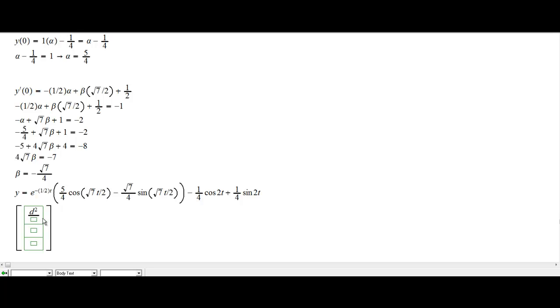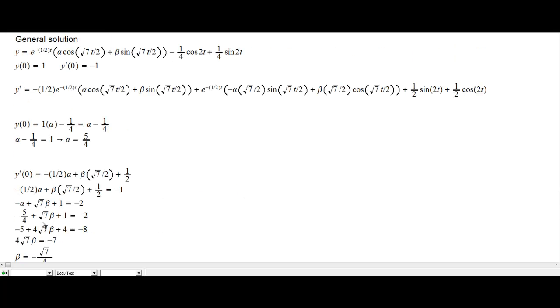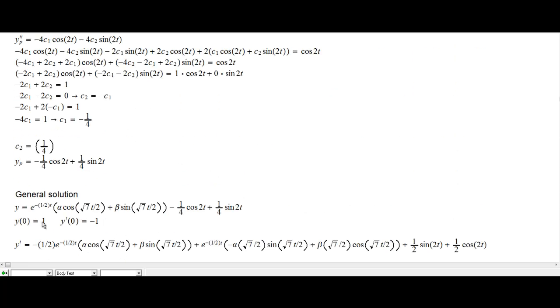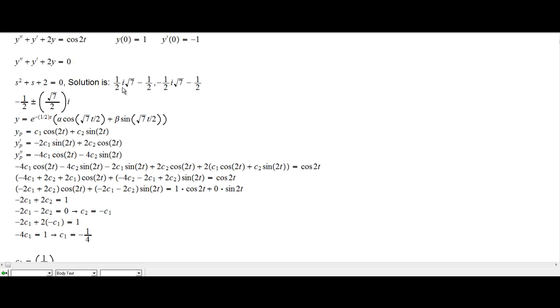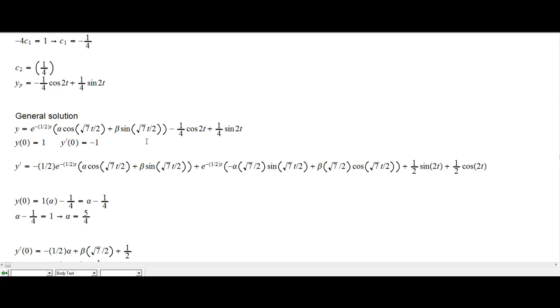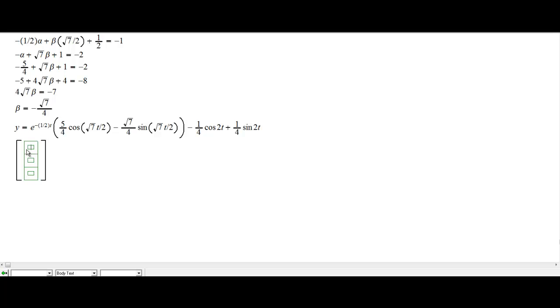We'll just say the independent variable is t. Where's the equation? I think I remember the equation by now, but anyway, here we go. So we got that, and we can substitute and check.